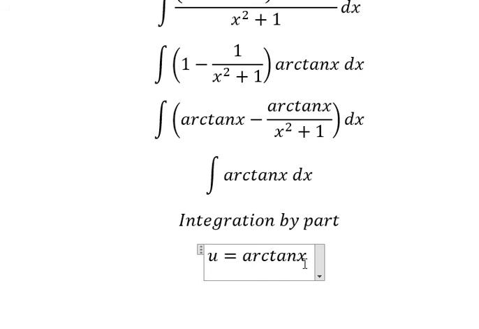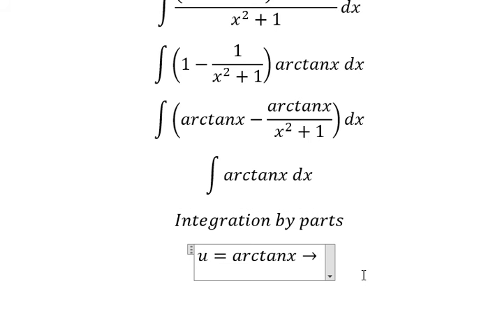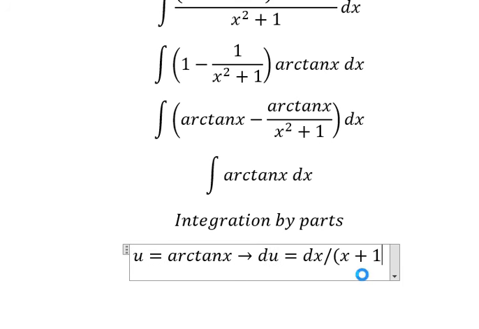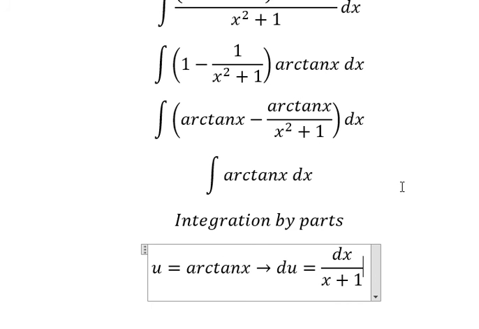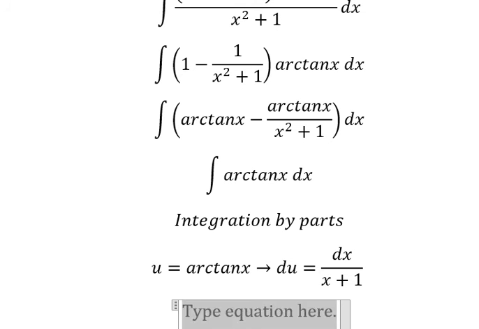So if we first take the derivative of this one, we have du equals ds over s squared plus 1. Next, dv is ds. So the integration of this one, we have v equals s.